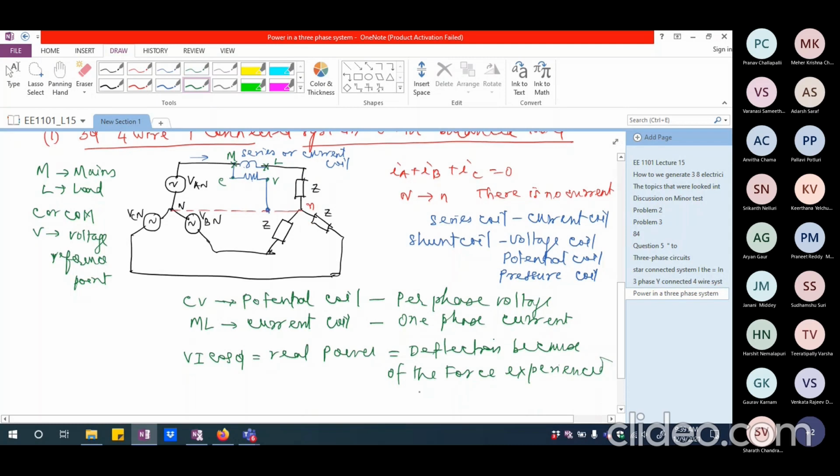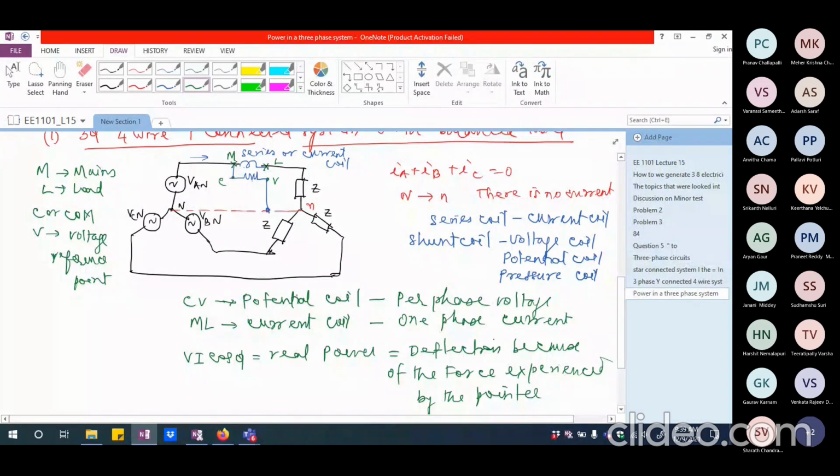So what it sees, it will be able to deflect as per the force instantaneously faced by this particular disc. But because the disc has an inertia, it will ultimately rest at a particular position which corresponds to the average power.